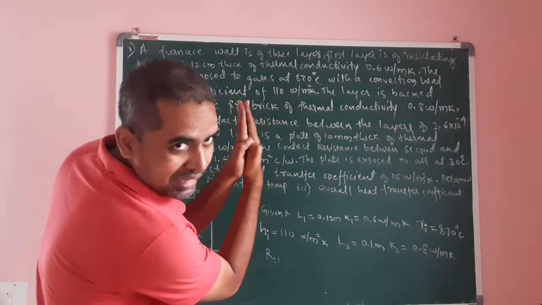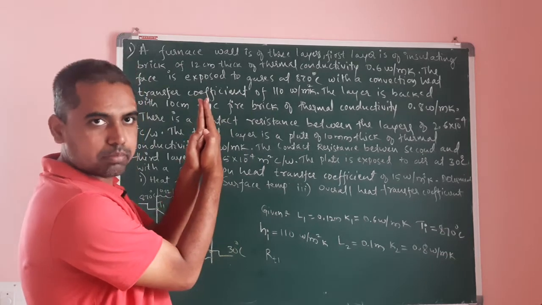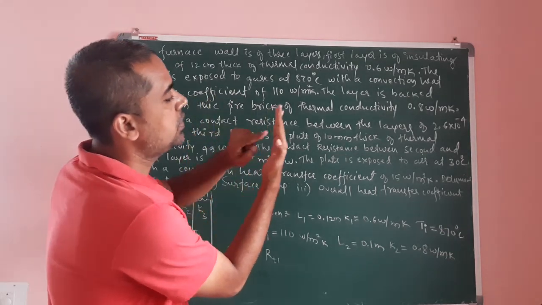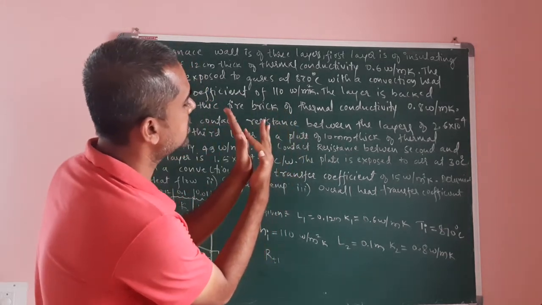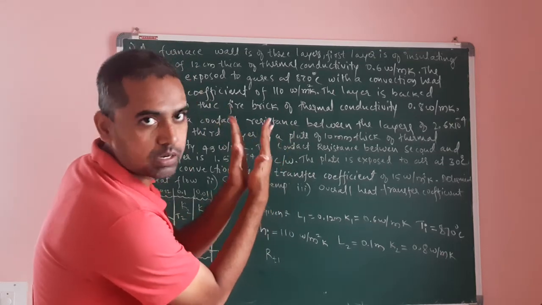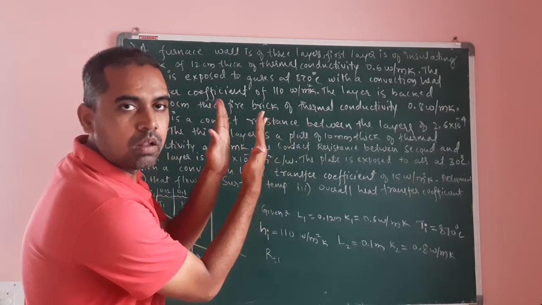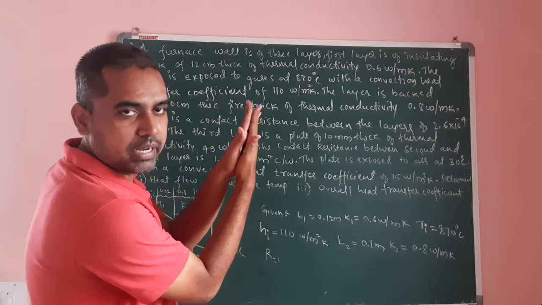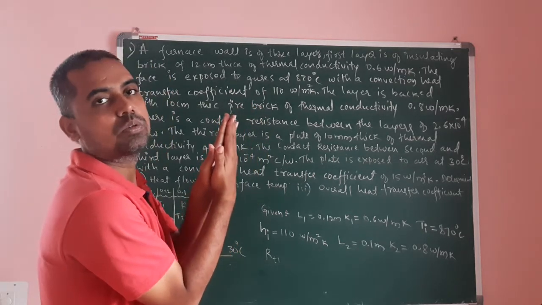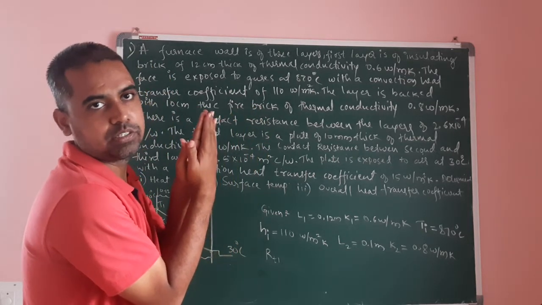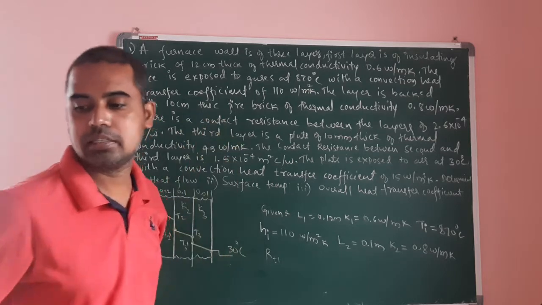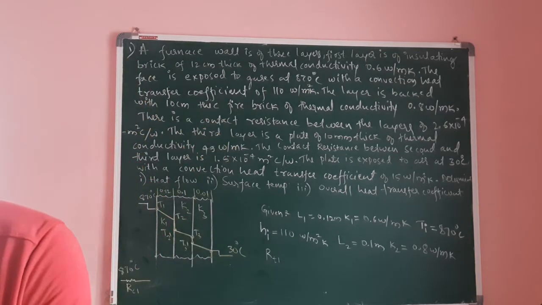There will be small air gaps. Due to that, the surface temperature of one and the surface temperature of other will be different. Okay, and there will be resistance for heat to flow. That resistance is called as thermal contact resistance.